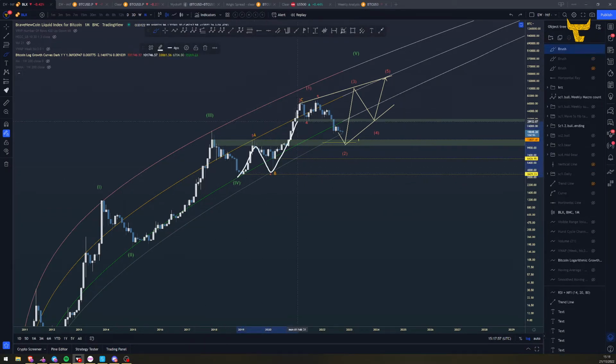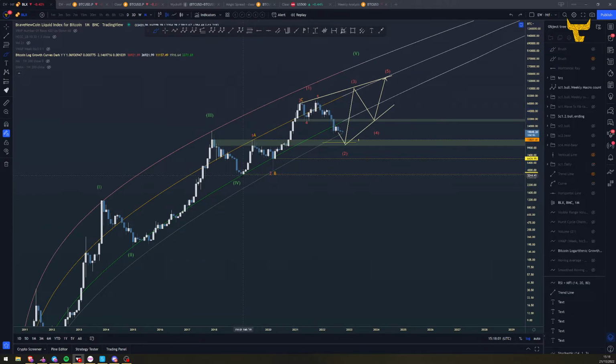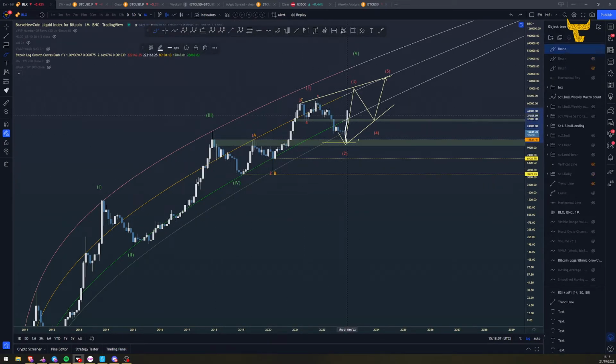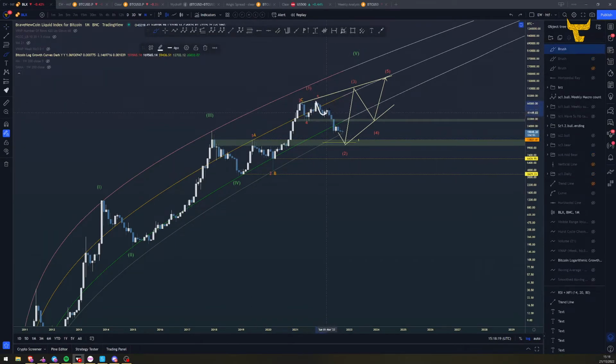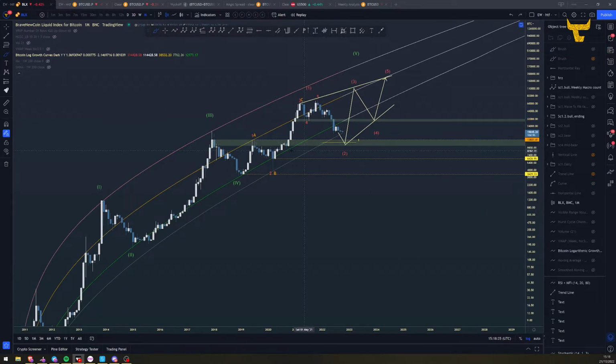This count, we can subdivide in an ABC and have a correction here or a 1, 2, 3, 4, 5, because a diagonal can be 5 or ABC. I mean that here we'll be looking at an ABC or 5 waves. I'm more betting on the 5 than ABC, but anyway. This could allow us to dip a bit lower. Here we have the 1-1 extension of that move on linear, or potential ABC move target around 12,000.